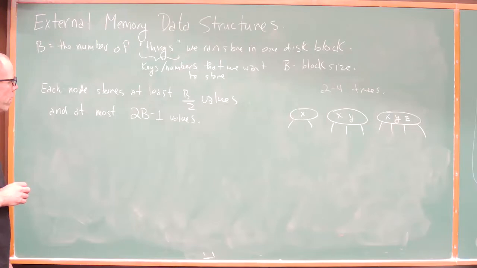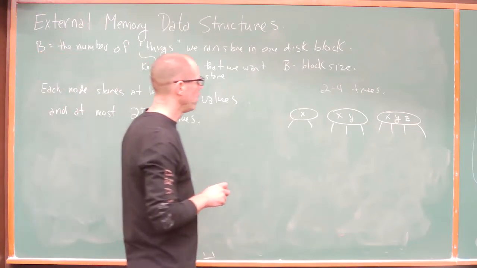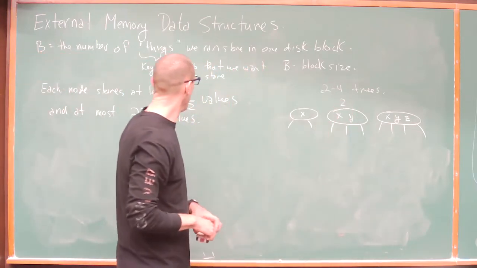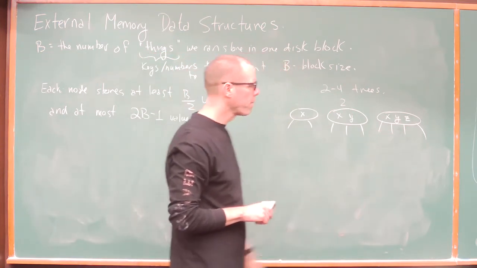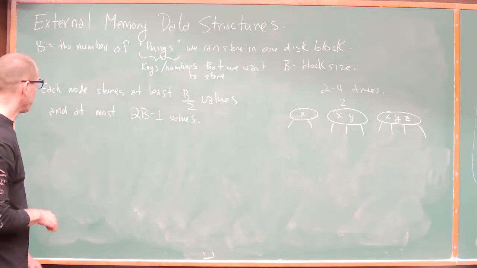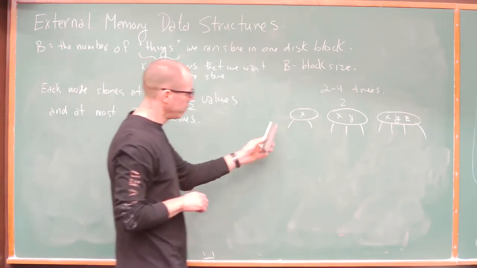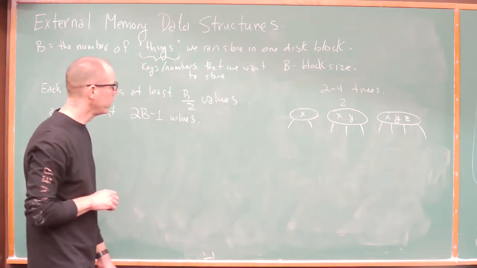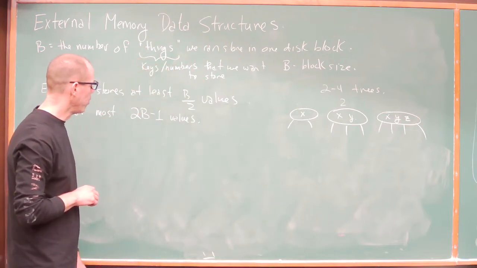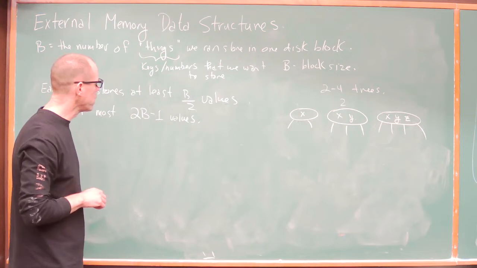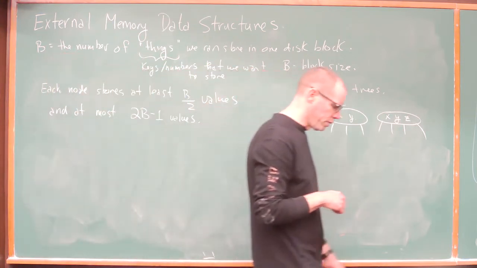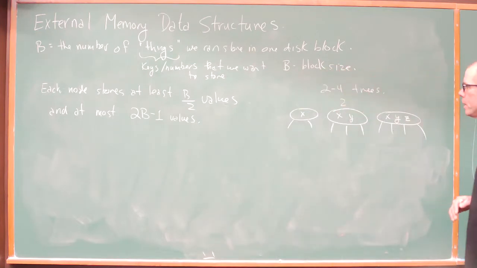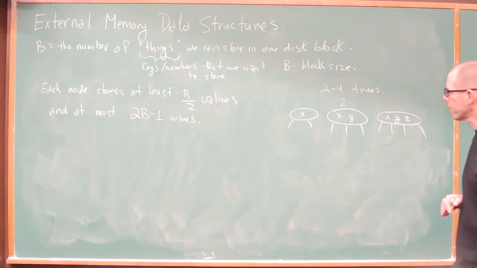So here, if I take b equals 2, then each node stores at least 1 value and at most 3 values. But you can imagine doing this for arbitrarily large values of b. You know, b could be 4,000, in which case each node stores as little as 2,000 values, or as much as 8,000 minus 1 values.